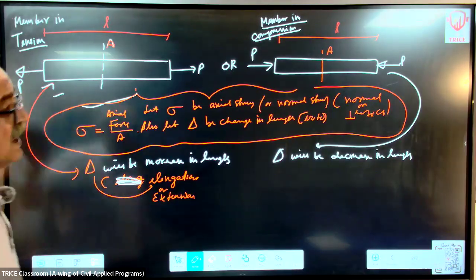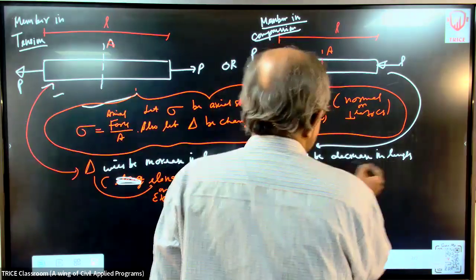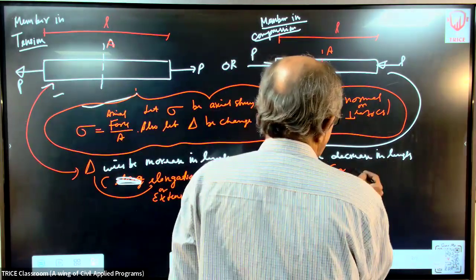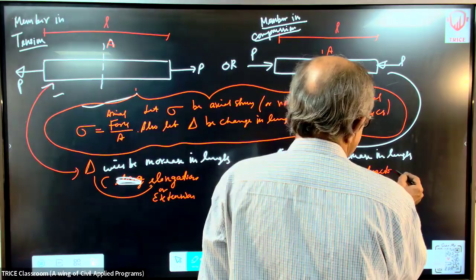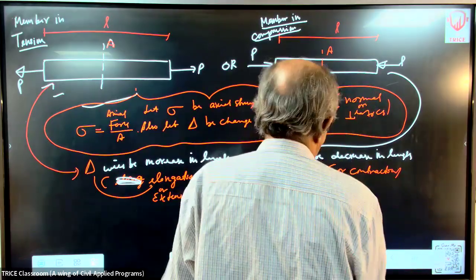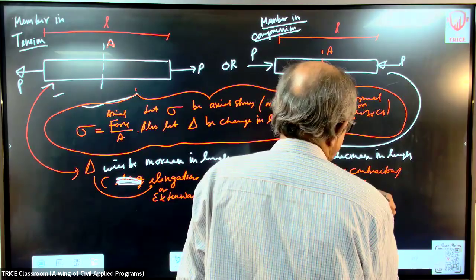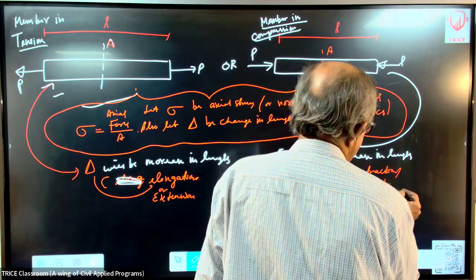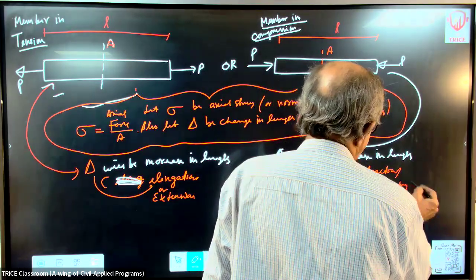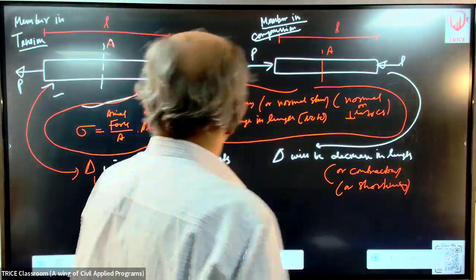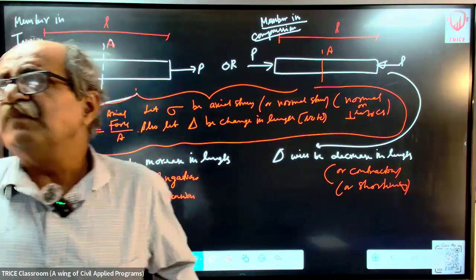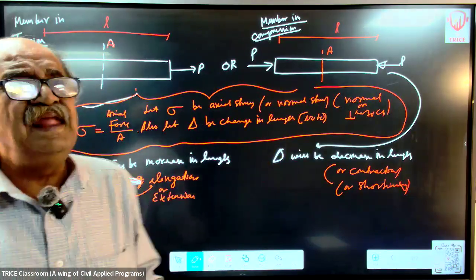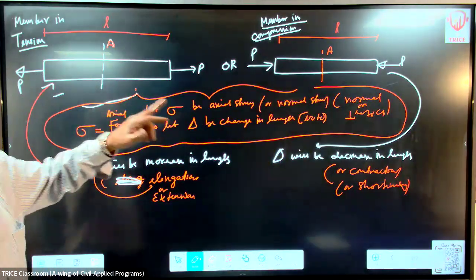In decrease in length, some people call it contraction or shortening. Delta can be increase or decrease depending on whether the member is in tension or compression.